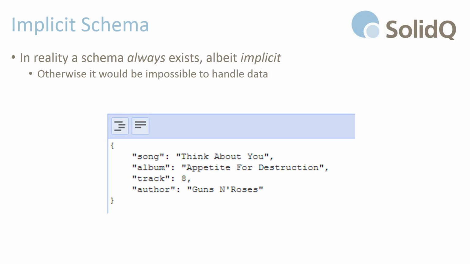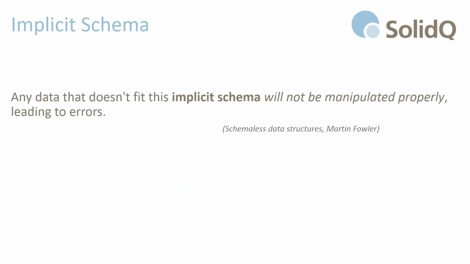So for example, the screenshot you are seeing right now shows a JSON document that tells us that we are looking at a Guns N' Roses song, and we know the album, we know the song name, we know the track number. Of course, this is a very simple schema, but still it is a schema. It's not a relational one, it's not strictly enforced, it's not an XSD, so an XML schema, it's not a structure, but still it is a sort of schema.